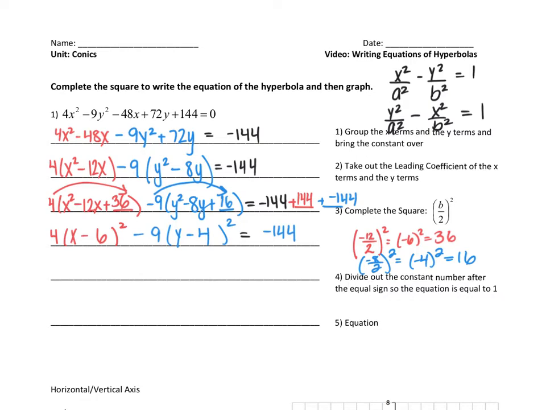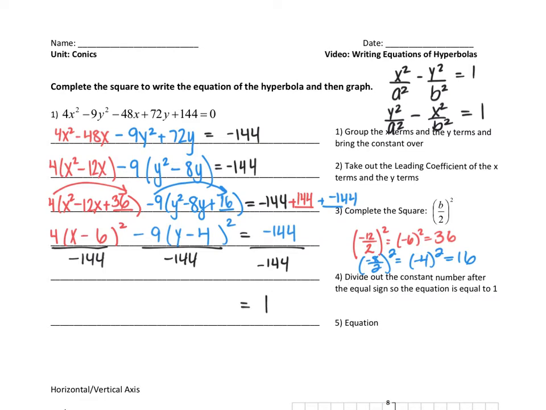And then remember, to get the equation of a hyperbola, it has to be equal to 1. So we are going to divide all of these terms by negative 144 to do so. By doing that, we obviously get 1 on the right side.